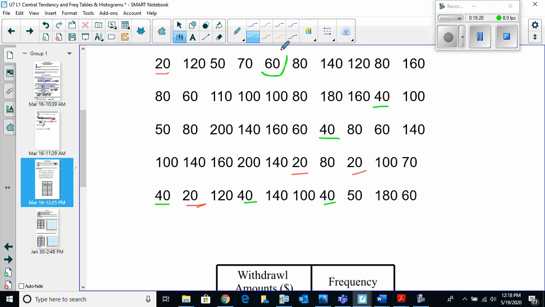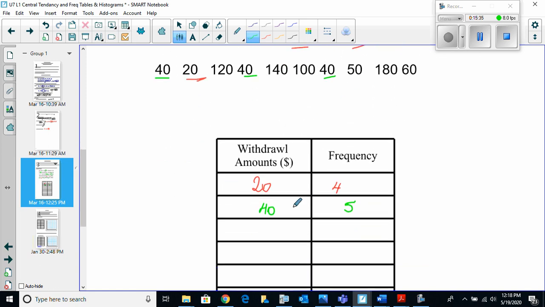And then we have 60. So 60, 1, 2, 3, 4. So 60 is 4 times.